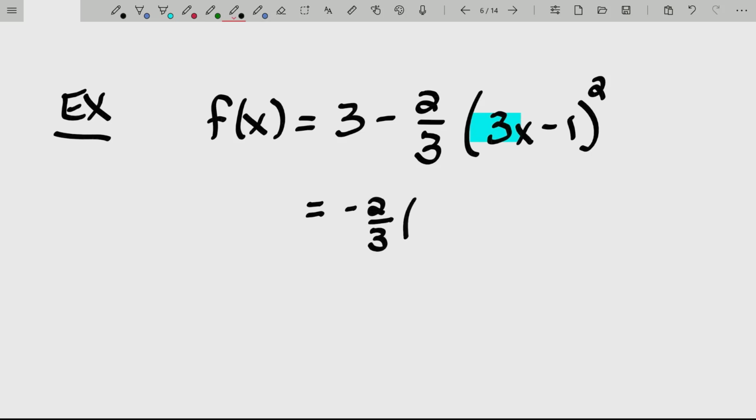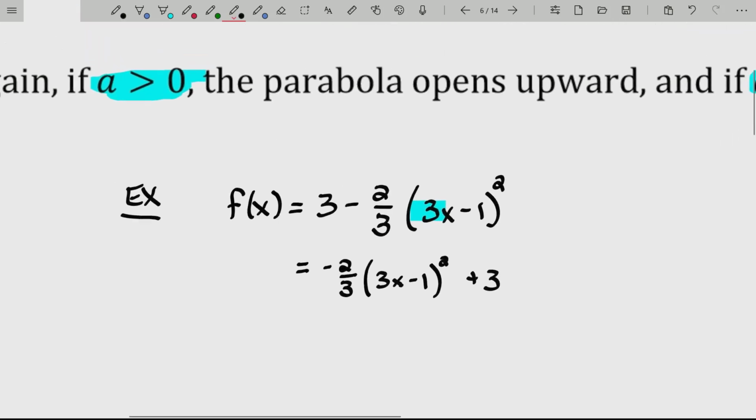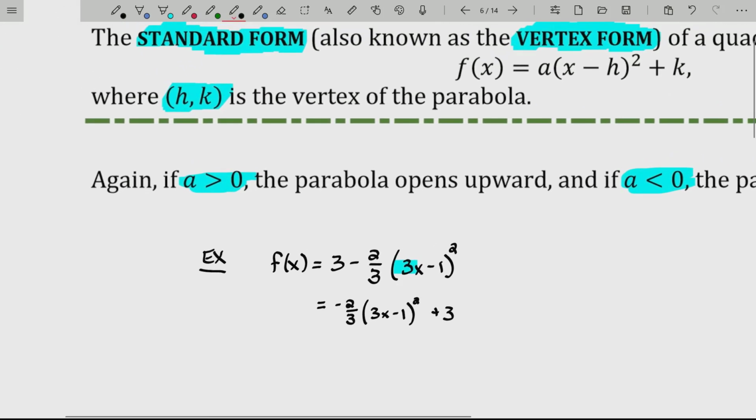So negative 2/3 times the group 3x minus 1 squared, and then plus 3. At least I have it in that order right there. And you can see, if I zoom out, that it sort of matches our vertex form. Sort of. The issue here is that 3 hanging out in front of the x.